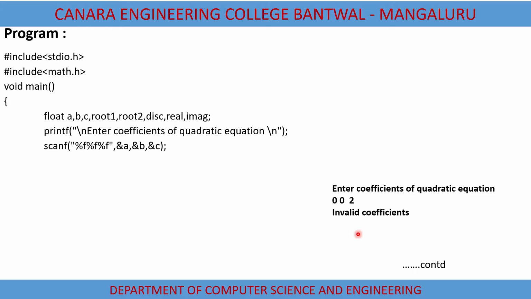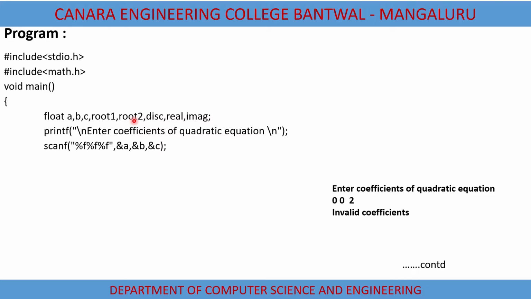Now we are going to declare the variables. We declare variables for three different coefficients, a, b and c, as float. Then I am taking root1 and root2. As I already said, when we solve a quadratic equation there is a possibility of two different roots.